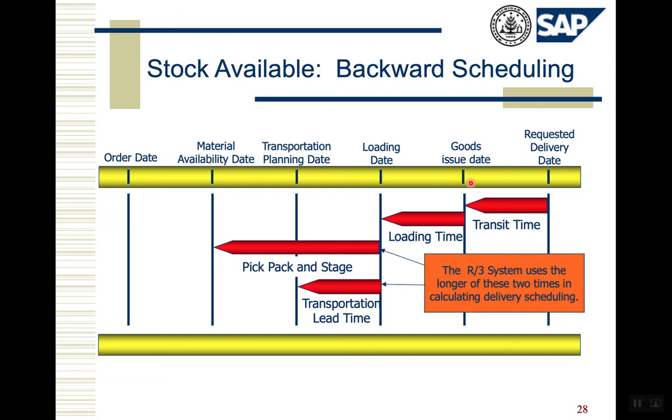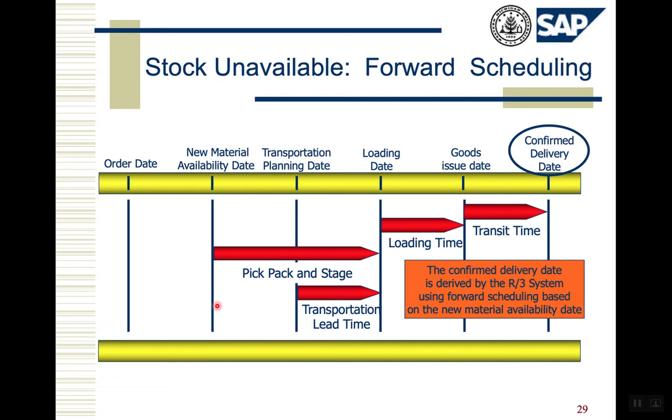So this is an example of what we call our scheduling. We have backward scheduling, which is based upon our requested delivery date: when certain things have to happen. Versus forward scheduling, stock available forward scheduling, would be the creation of a new material availability date.